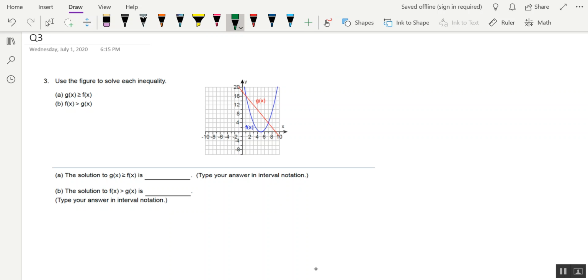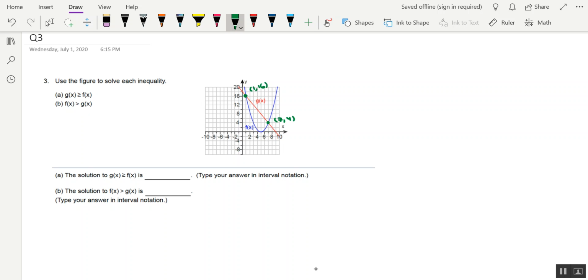Alright, so what I would encourage you to do to start solving something like this is to identify the points of intersection. It looks like there are 2 points of intersection between these two graphs. One appears to be at 1, 16, and the other point of intersection appears to be at 7, 4.